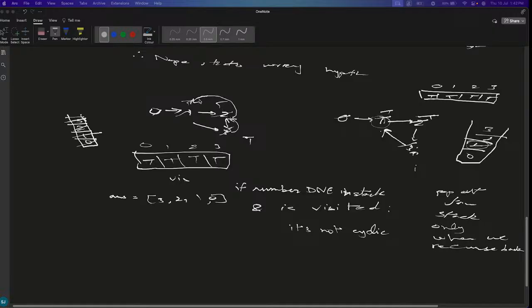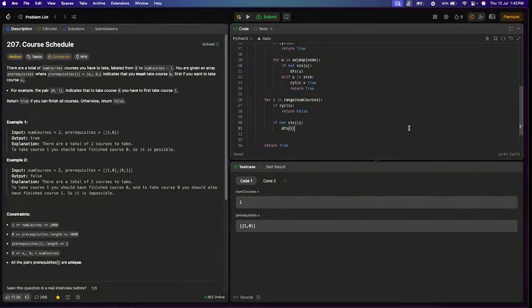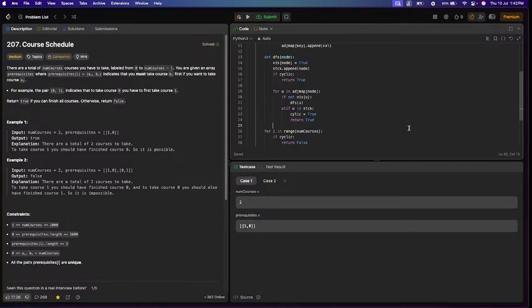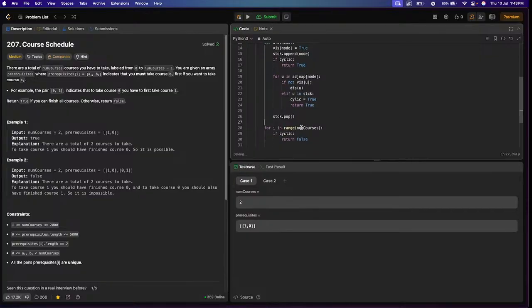There's nothing to recurse back to. 1, and if it's in 3, then that would be a problem. Right, okay. So every time we go back, we have to pop it too. Once the cycle is done, we also have to pop that thing. Stack dot pop. There you go. Okay, I think it's safe enough to do this now.